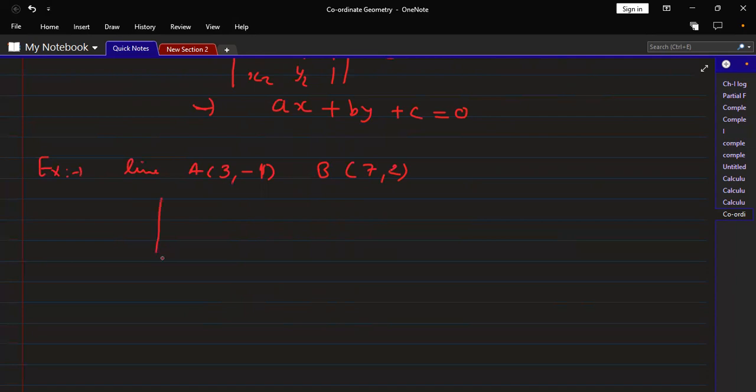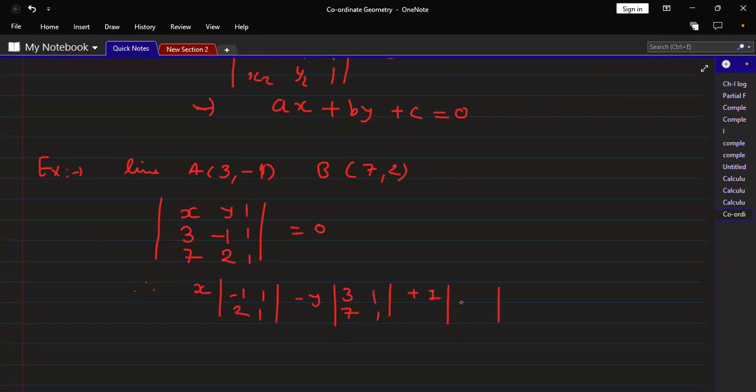So similarly as above, we mention the determinant x y 1, x1 y1 1, x2 y2 1. Our x1 is 3, y1 is -1, x2 is 7, y2 is 2 equals to 0. Now therefore solve this. So here x times the determinant of -1 1, 2 1, minus y times the determinant of 3 1, 7 1, plus the determinant of 3 -1, 7 2 equals to 0. जैसे हम डिटरमिनेंट सॉल्व करते हैं, this way we are going to solve this.